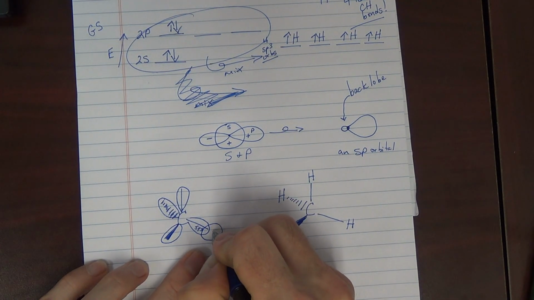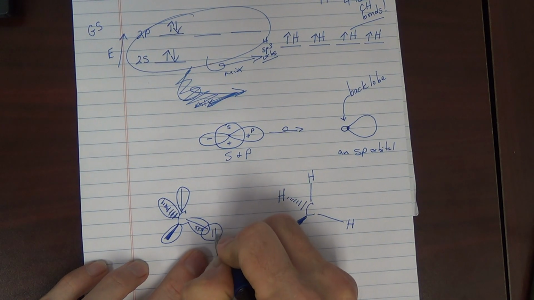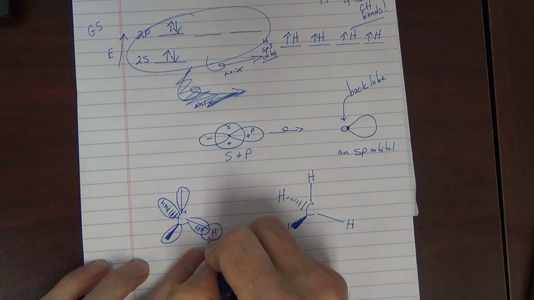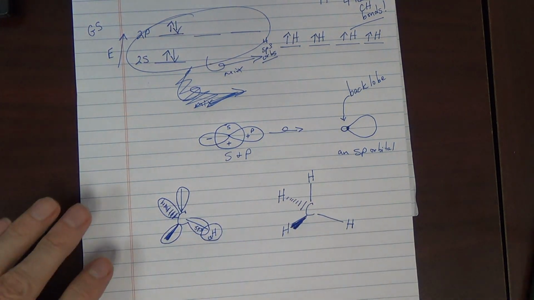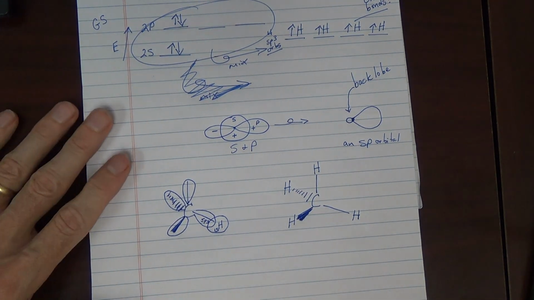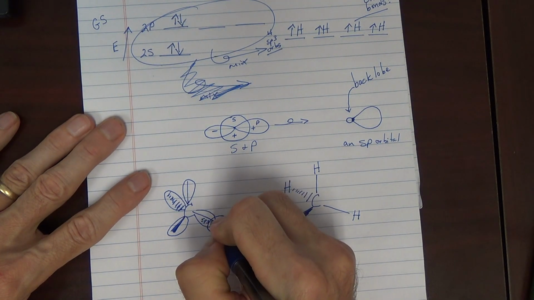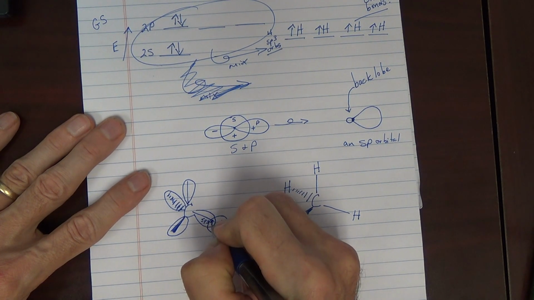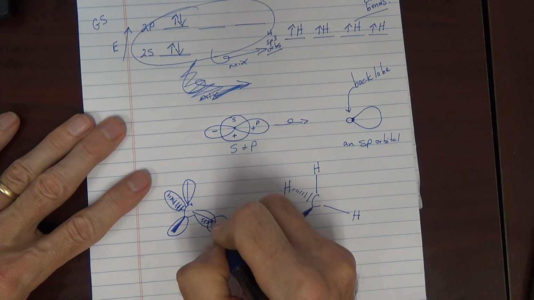That's the H, 1s. And the magic is happening here. Let's draw in the 2 electrons. 1 electron like that, and 1 electron like that.